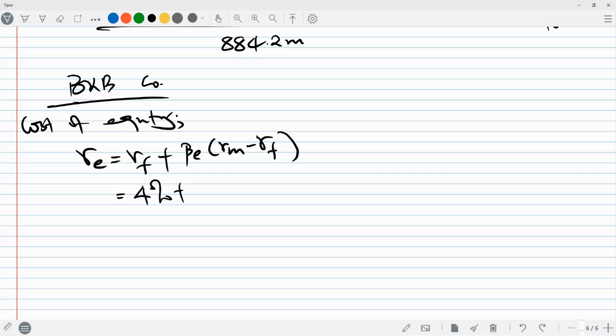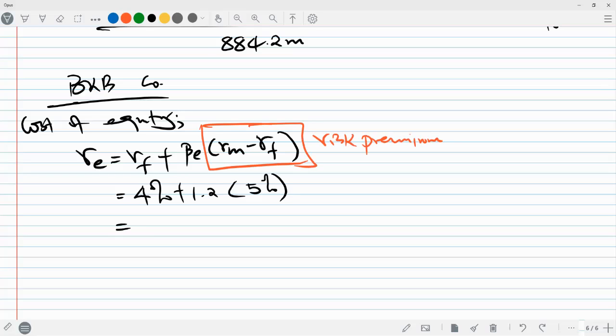Equity beta is equal to 1.2. Don't forget RM minus RF. This is what we refer to as the equity risk premium. The difference between the two, we've been given, is equal to 5%. Therefore, multiply by 5%.